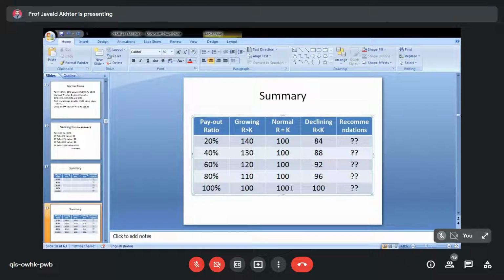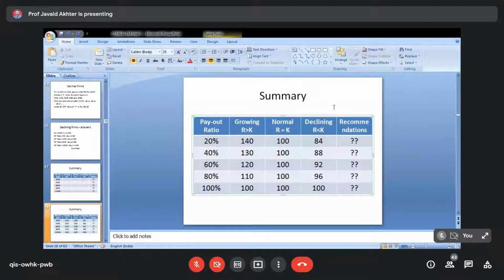Sir, linear relationship. The difference between R and K is 5 in the first case, and the difference in the declining case is just 2. Okay, you got it right. The difference between declining and growing is in R and K. Here, what was the margin? 5%.